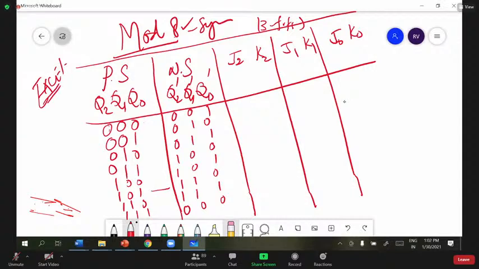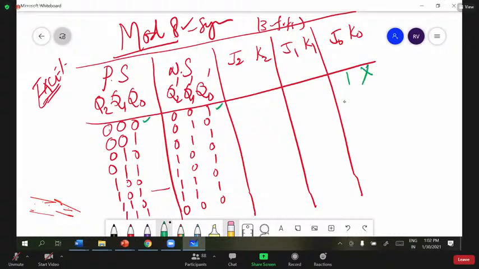In that excitation table, how am I writing this? Just observe: present state, next state. There are 3 JK flip-flops, so you have to observe the J0, K0 condition based on this. 0 has become 1. What can I write here? J0, K0: 1 X, right?